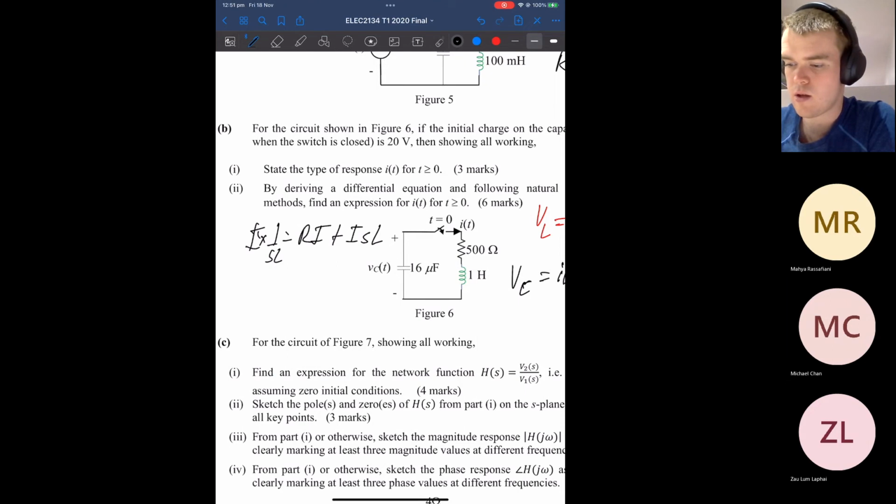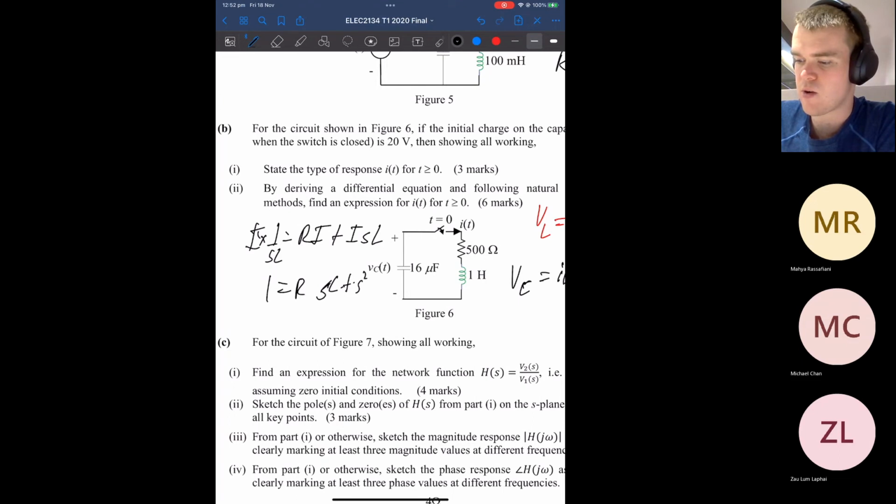Okay. And so we should get 1 is equal to RsC plus, no longer having I's, s²LC.